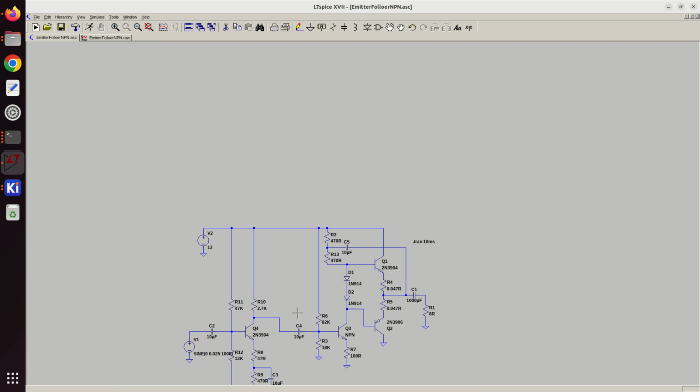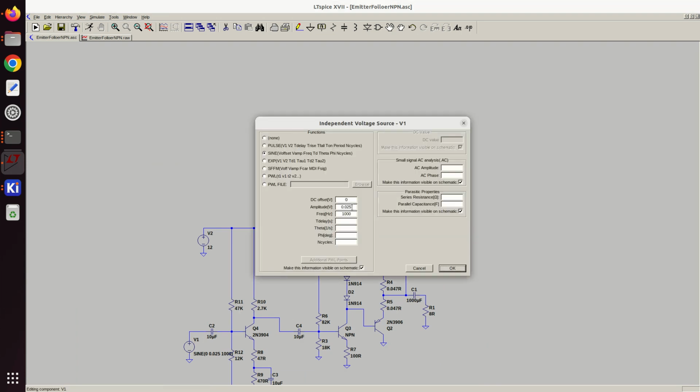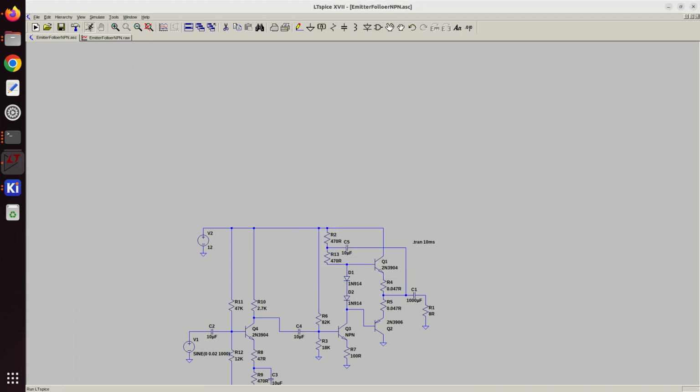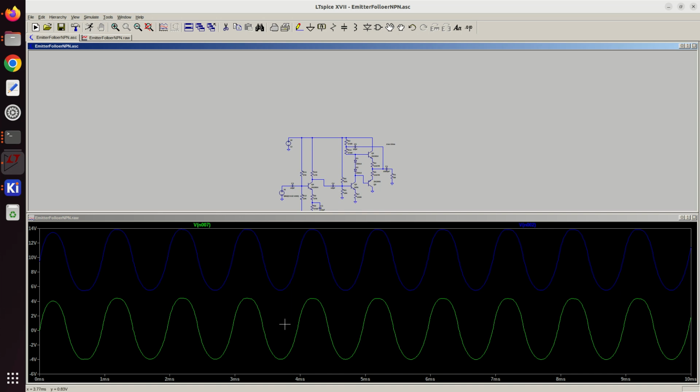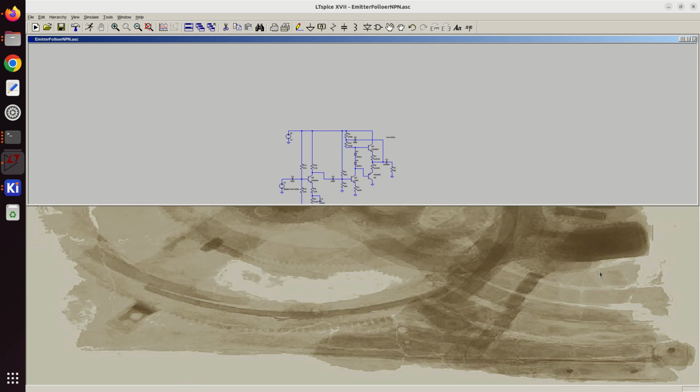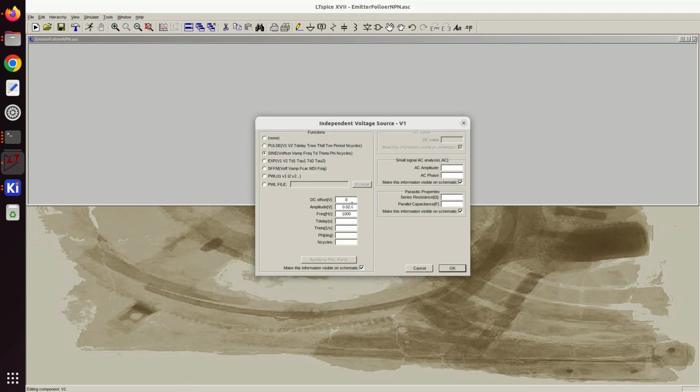So let's see if we can change this to 0.2, and okay, it's now going plus or minus 4 volts, and it's clipping. You can see there is some distortion starting to kick in, so 0.22.